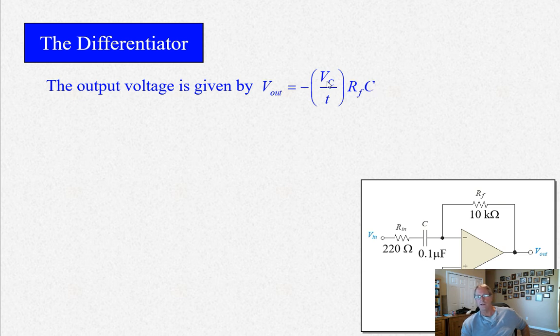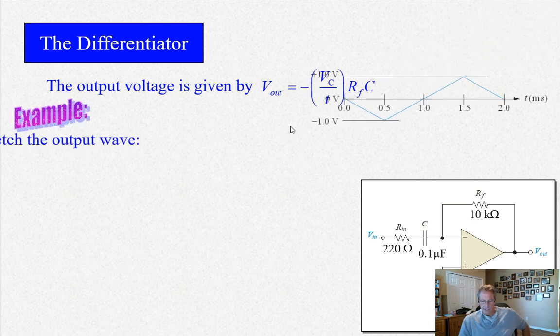I misspoke before. Time is increasing. Don't we all know that? Time keeps going up, right? RF is constant and C is constant. So as T increases, what happens to this expression? It decreases. And we have a negative here also.